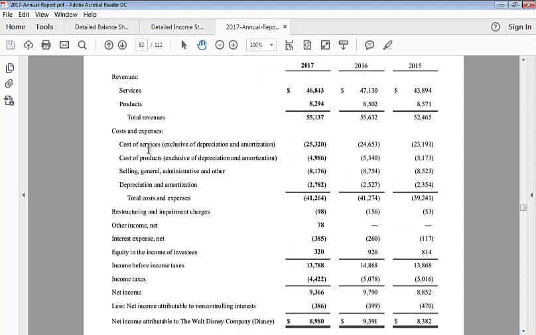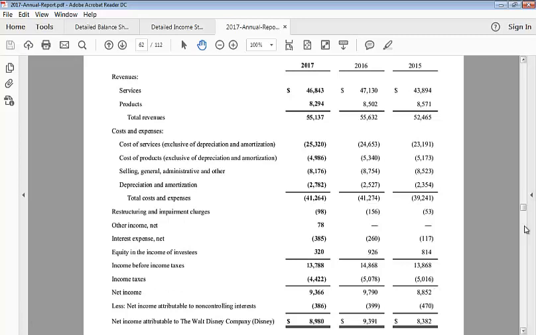We've got a cost of services, cost of products, selling, general and administrative and other expenses, depreciation and amortization to get us a total operating expense. Then they have an unusual item here, restructuring charge, and then we can see interest expense and some other items here going down to an income before taxes, income tax, and net income.